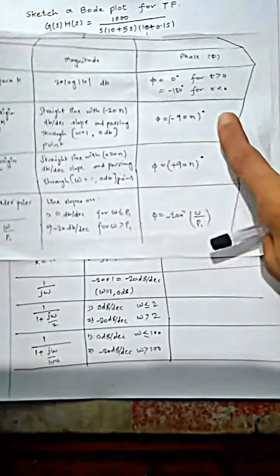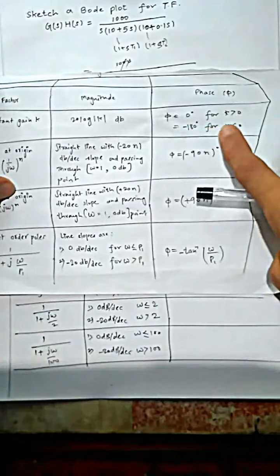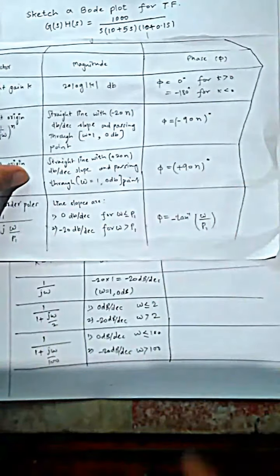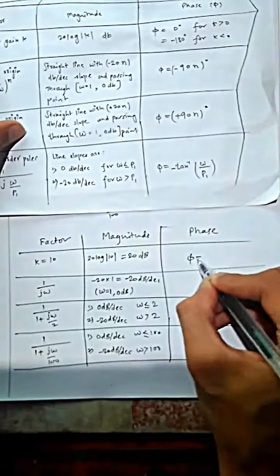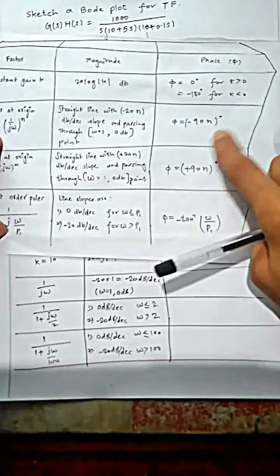Then for phase, for constant gain, phase angle is 0 for k greater than 0 and minus 180 degree for k less than 0. We have k greater than 0, so phase angle is simply 0 here. Then for 1 upon j omega, phase angle is minus 90 into n.